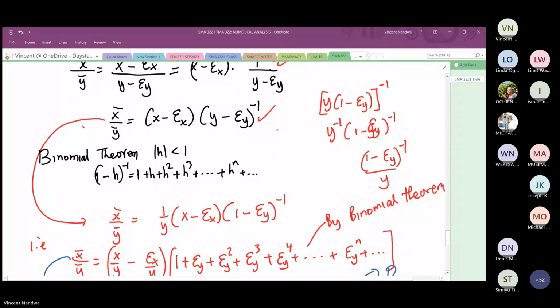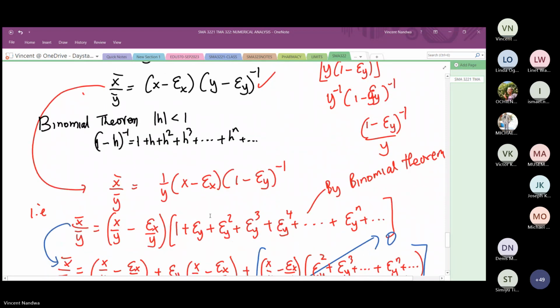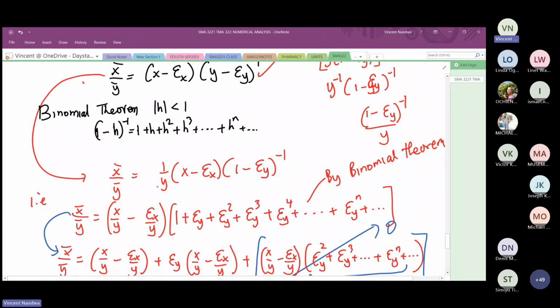Then this is the same as y into 1 minus error in y power negative 1. So all this is fine. 1 error in y over y. So then now 1 over y times this, so that's fine. So 1 over y times x is x over y. Then error in x over y, that's fine.